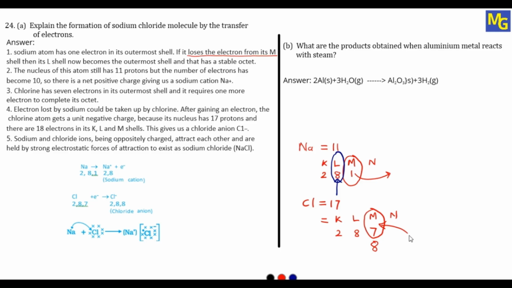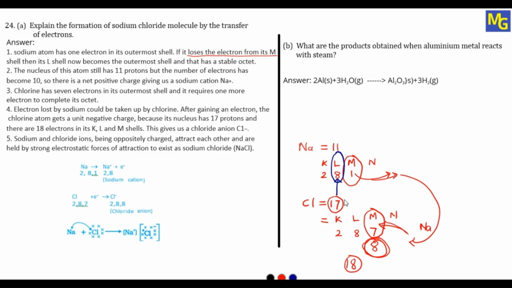So this electron which Cl takes to attain octet is coming from sodium. Sodium loses 1 electron and that electron will be gained by chlorine. So after gaining the electron, the number of electrons in the outermost shell will become 8, and the total electrons will become 18. But the protons will remain 17.